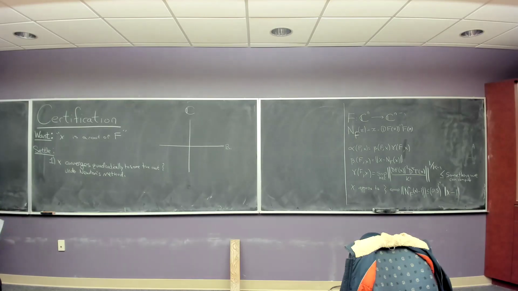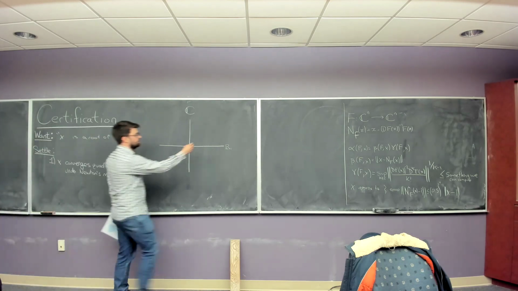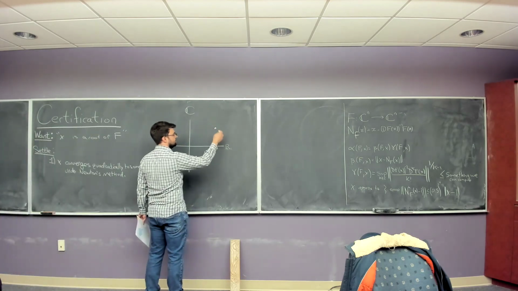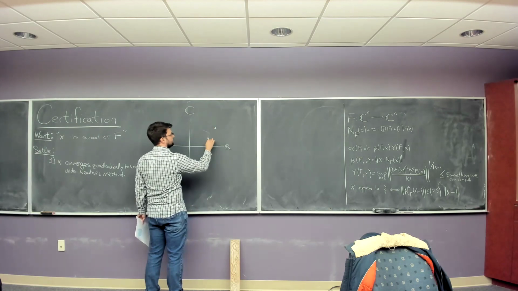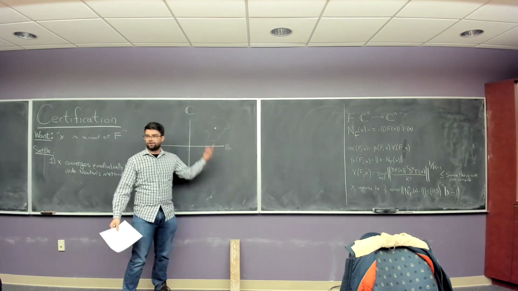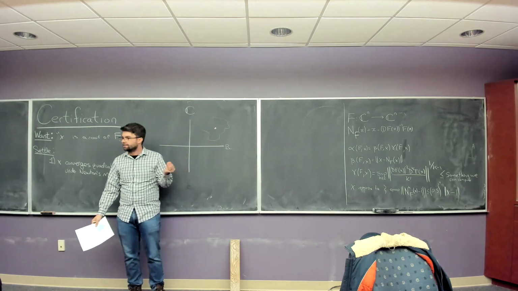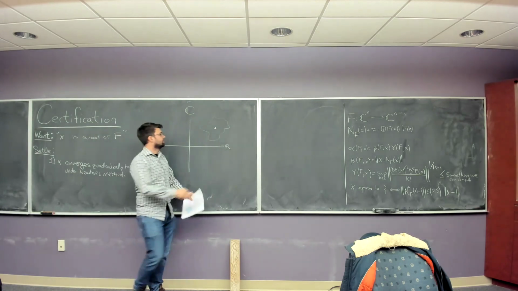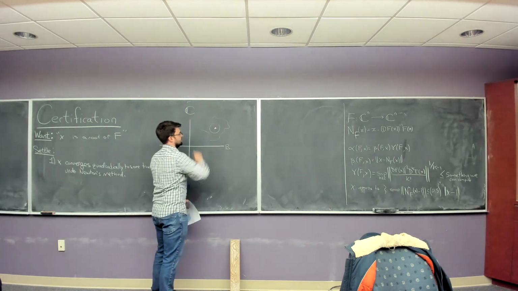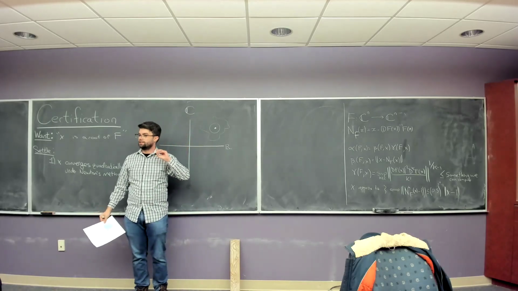So in other words, if you have a solution to a polynomial system, there exists some funny shape around it, such that anything inside that funny shape will converge quadratically. Okay, so that's what close enough means. If you'd like, there exists some ball, such that anything in that ball will converge quadratically.